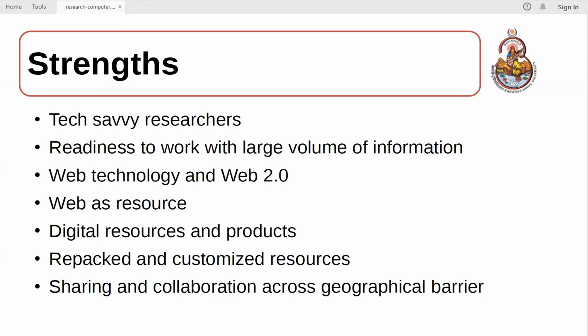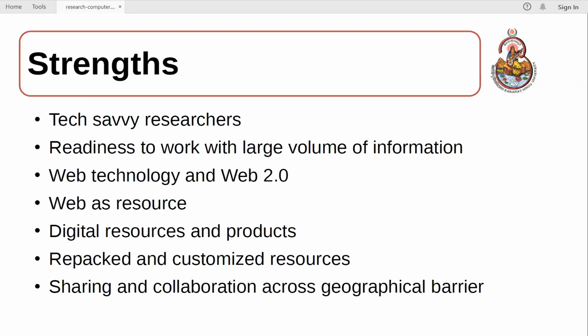Today, you are not restricted to a particular institution when you are doing research work, or restricted to a particular geographical region. Rather, the whole world has become a small community, a small village. That is why we call it a global village. So you can collaborate with anybody, any part of the world.